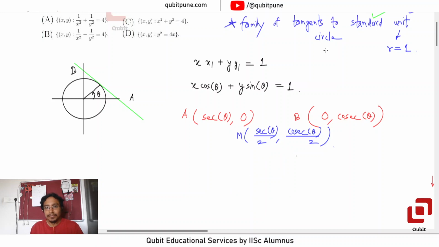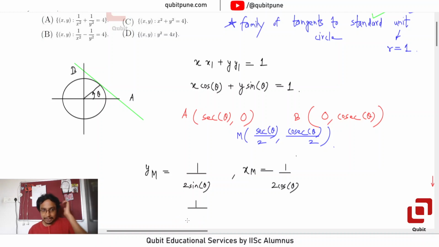So let's say the y coordinate of M is 1 upon 2 sin theta, and the x coordinate of M is 1 upon 2 cos theta. So sin squared theta plus cos squared theta would be 1 upon 4y squared plus 1 upon 4x squared equals 1, where we are shifting sin theta and cos theta to the LHS and bringing y and x to the RHS.